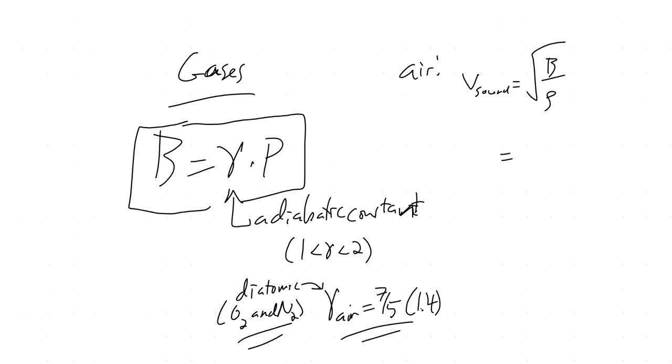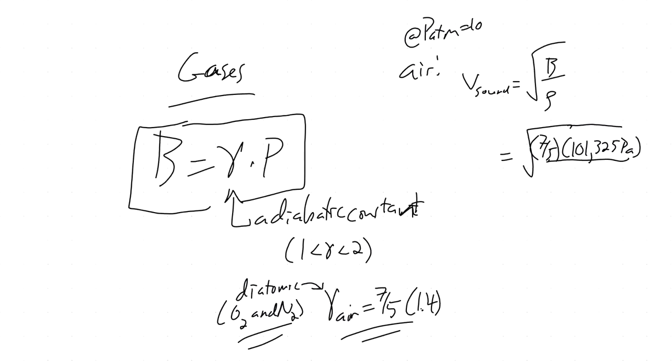So what do I plug in? I plug in 7/5 times the pressure of air, let's say at atmospheric pressure. What is the speed of sound in air? Well, the atmospheric pressure is 101,325 pascals. I know we said it was 101,000 full stop, but this is actually the more accurate value.